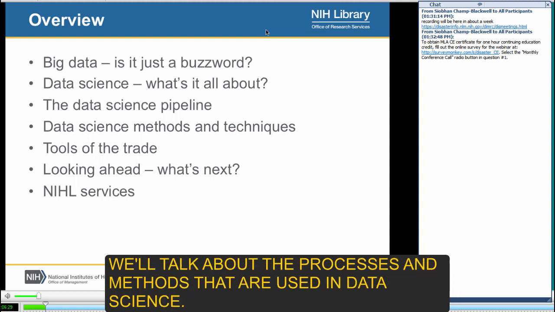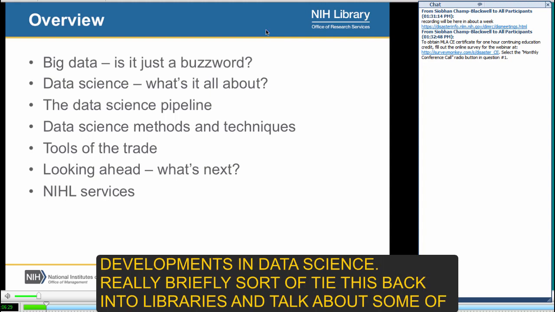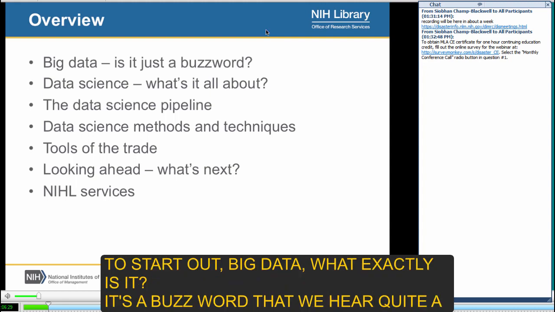We'll talk about the processes and methods that are used in data science. And then look at some of the things that we are possibly going to see ahead in the future with some of the developments in data science. And then I'll briefly tie this back into libraries and talk about some of the services that we're providing at the NIH Library and some opportunities for libraries in this area.